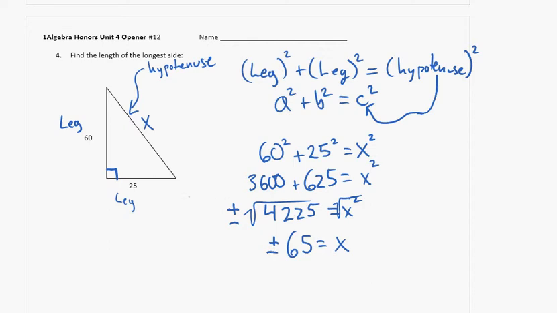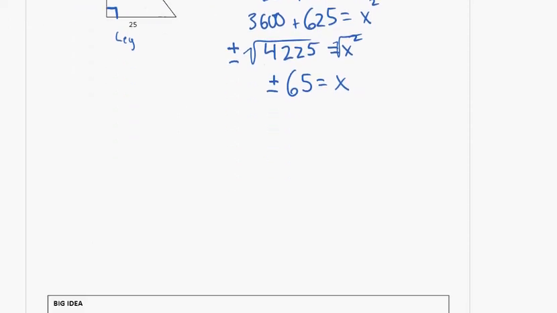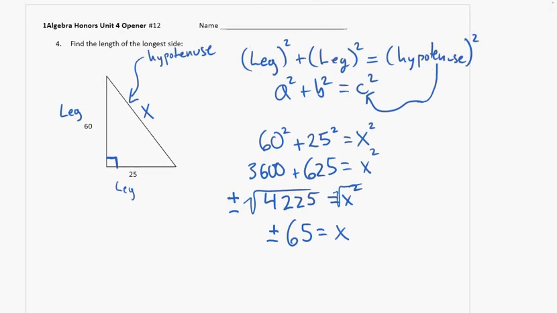In fact, if we were only looking at that part of the problem from there down, I would agree with you. But the reality is that right now we're talking about a triangle, and it doesn't make any sense for a triangle to have a length of negative 65 as one of its sides. So in this case, you really don't have to worry about the positive and the negative. Only the positive answer makes sense in this case, so the answer comes out to be 65.